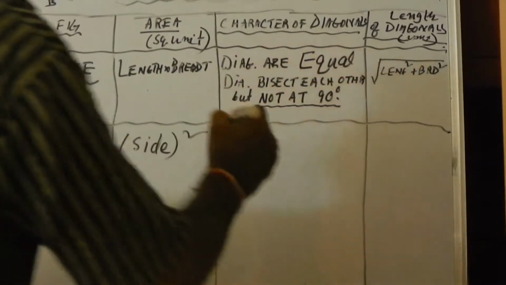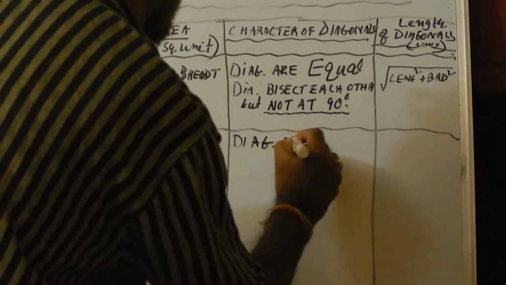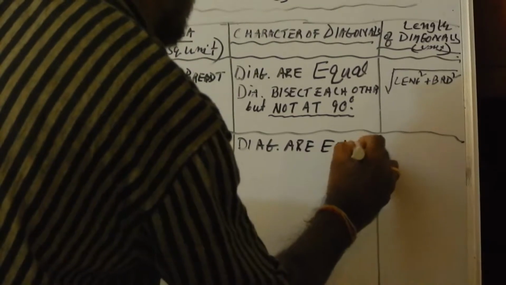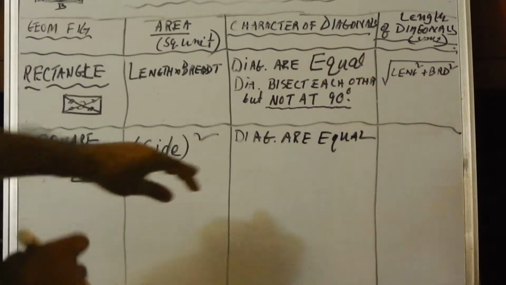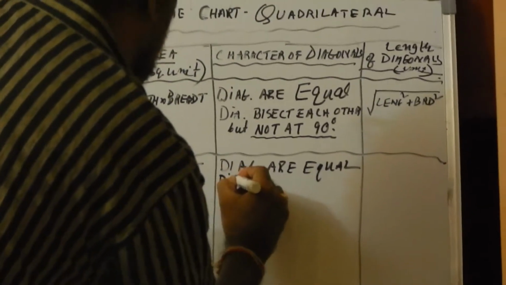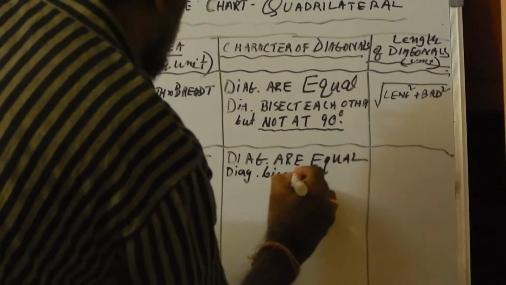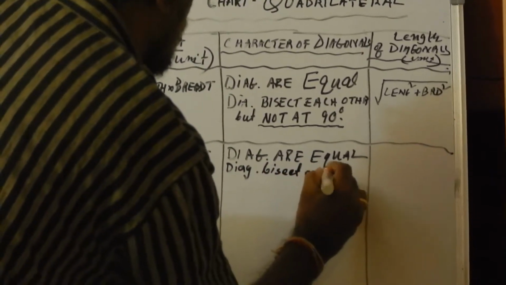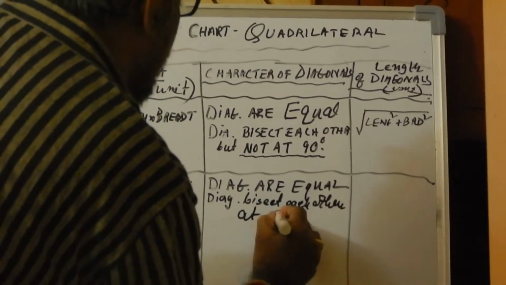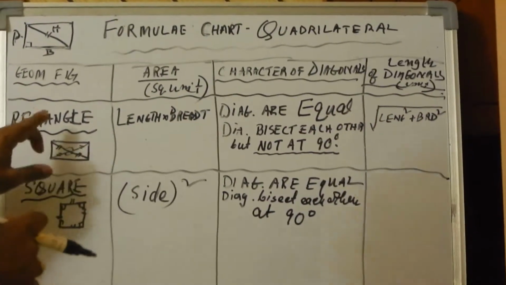So here also diagonals are equal, and they bisect each other at 90 degrees, and that is the only point where it differs from the rectangle.